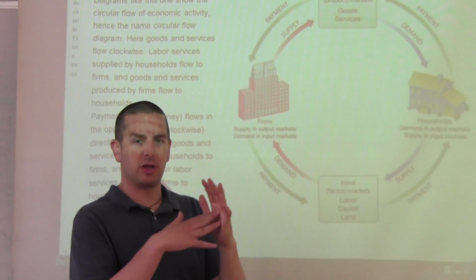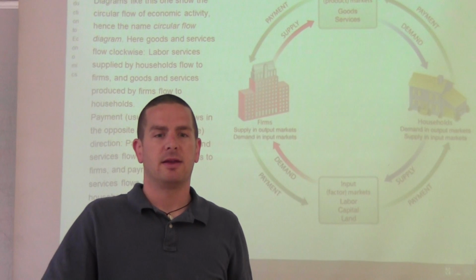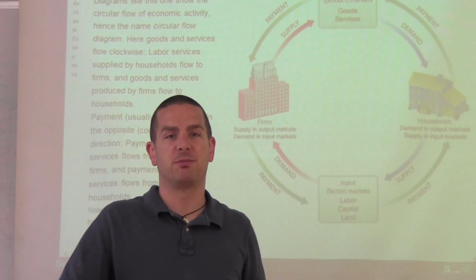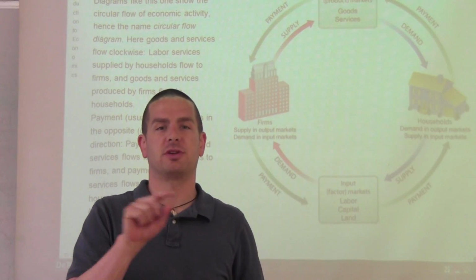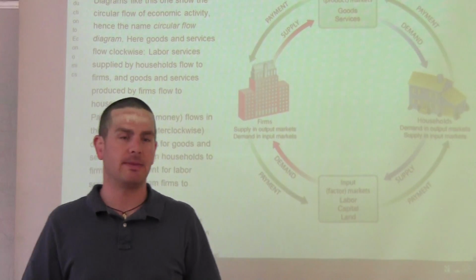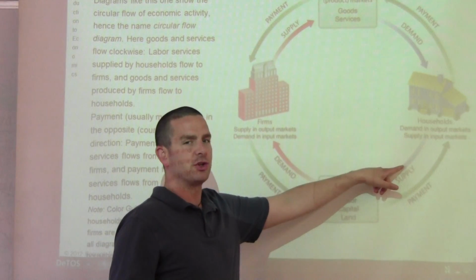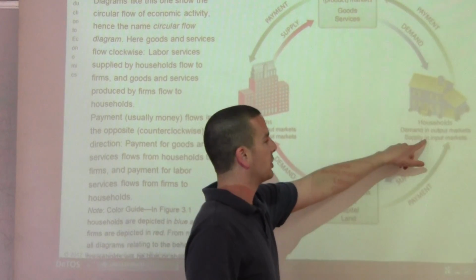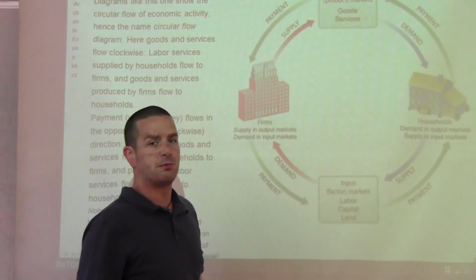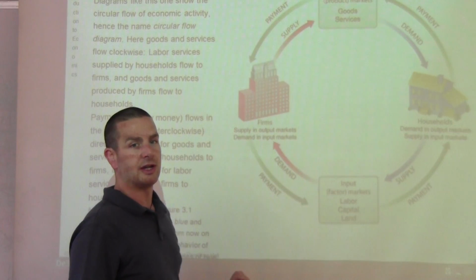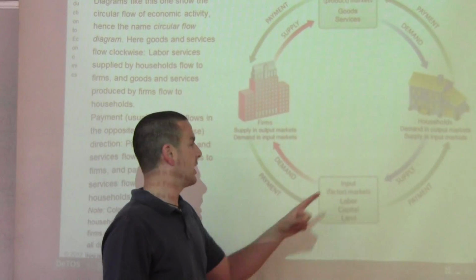And I should just mention, as an aside, land, labor, and capital are known as the factors of production, okay? Factors of production. So, in the circular flow diagram, households supply the factors of production to firms in input markets, okay?